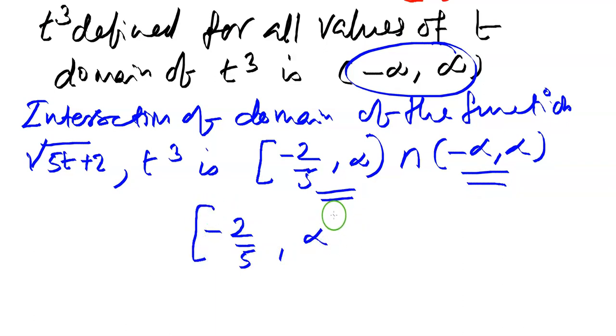Closed bracket, open bracket. Therefore, the domain of vector valued function r of t is equal to square root of 5t plus 2 i plus t cube j is minus 2 by 5 to infinity.